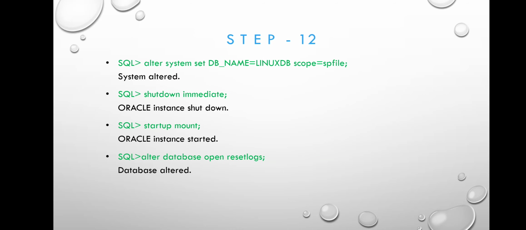Step 12. Now we should change the DB name to the Linux DB name in the spfile as it is still the old one. So just bounce the DB again to take effect of the changed parameters in the spfile with shutdown and startup mount. Now open the database with resetlogs.